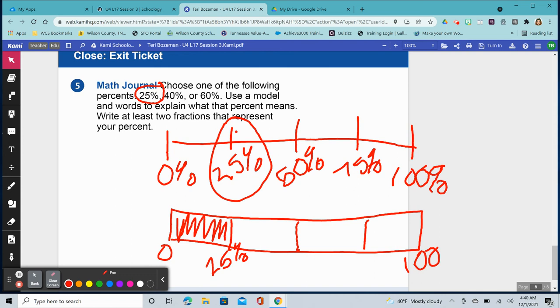So this means that 25% out of 100 is what you have, which is the same thing as 1/4, which is also the same thing as 25 out of 100 total pieces.